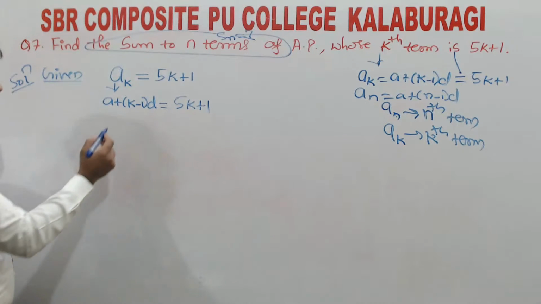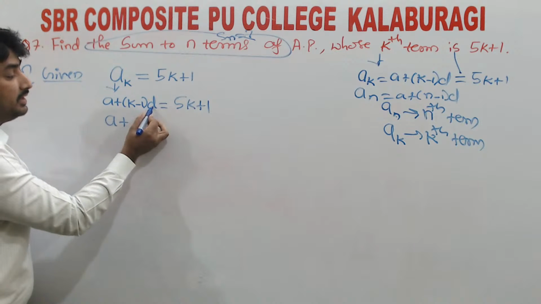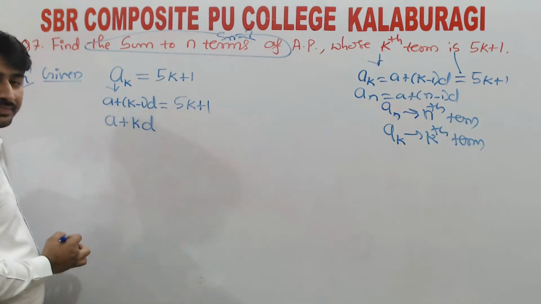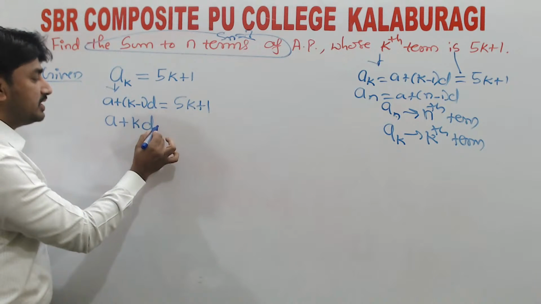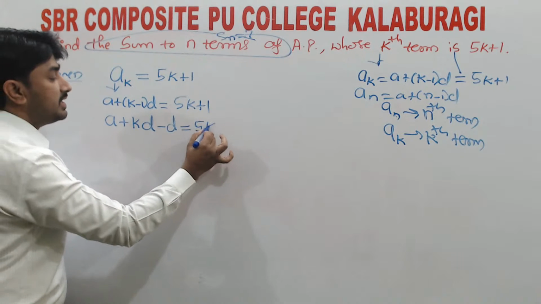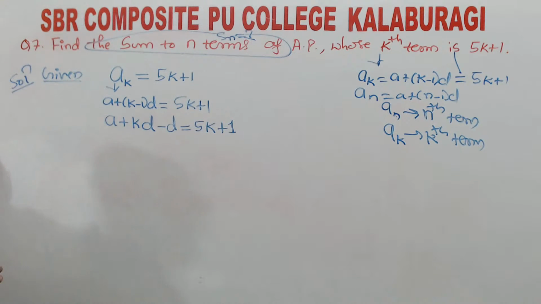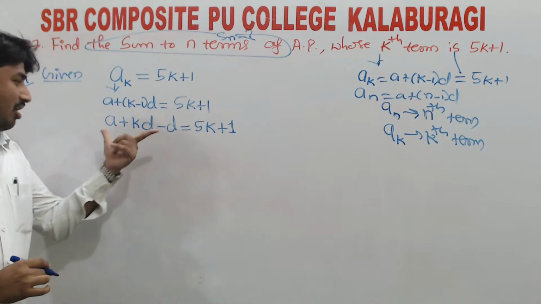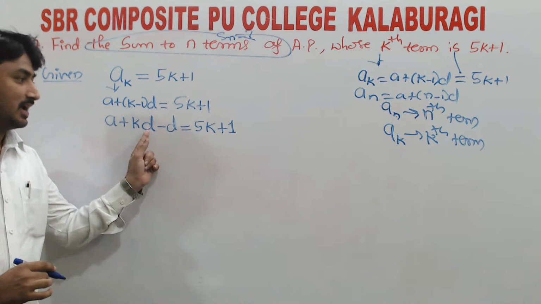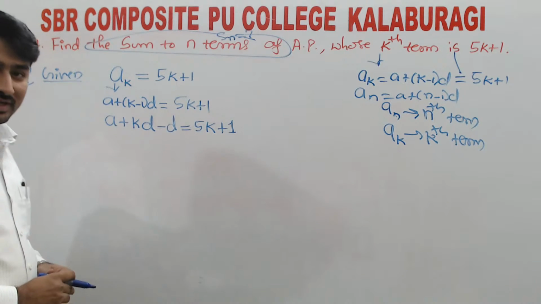Now, a as it is, k into d, and minus 1 into d, it is minus d, is equal to 5k plus 1. Here we don't know the first term, the difference, or the value of k.